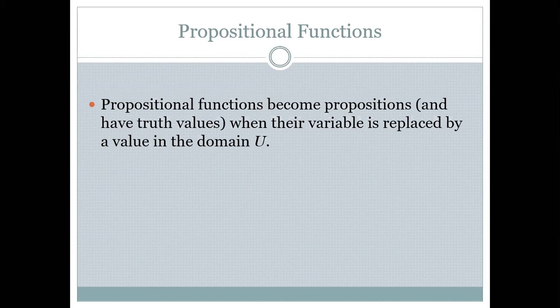Propositional functions, or open sentences, if you will, become propositions, i.e. have truth values, when their variable is replaced by a value in the domain U. You're always operating in some domain U. It doesn't have to be numbers. You could be talking about women. That could be your domain, yes?